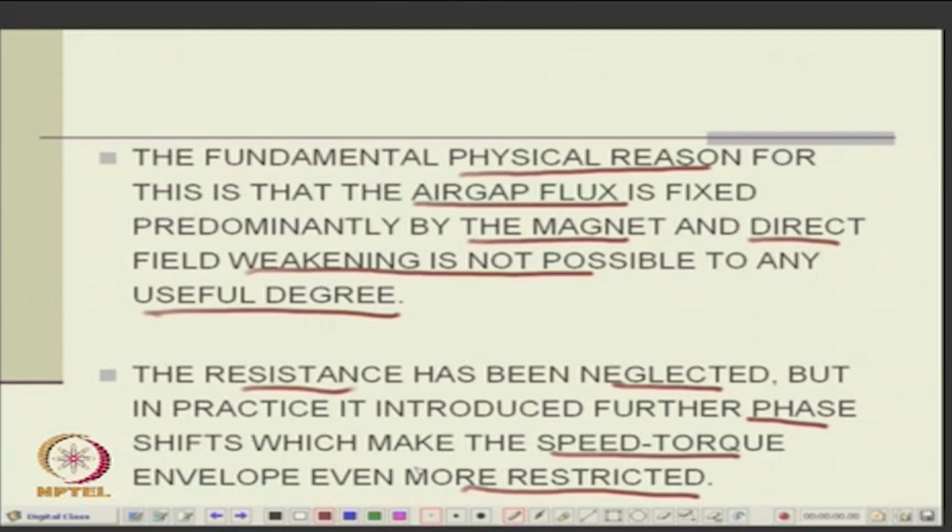Especially at very low frequencies, resistance becomes a very significant component. Okay. In fact, you can visualize for the same voltage, the synchronous reactance will go on changing, and the generated voltage will be appropriately modified. Okay. Because it is a balance between generated voltage, terminal voltage, and the synchronous impedance drop. Okay. That is what decides the characteristics.